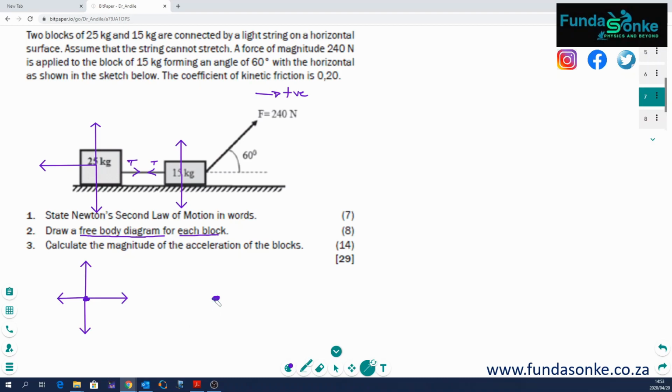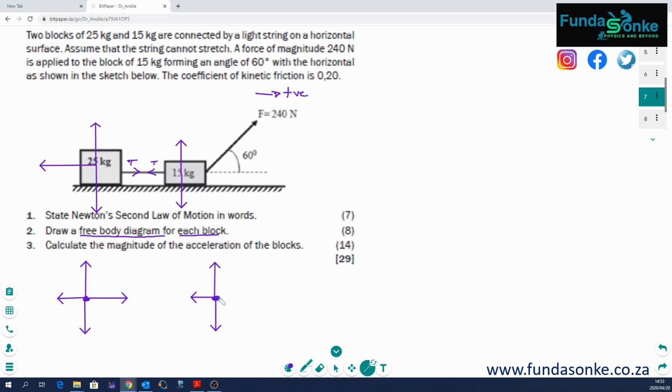Then for the 15 kg mass, I'll have my tension acting in this direction. Then I'll have my force due to gravity acting vertically downwards, and my normal force acting vertically upwards.